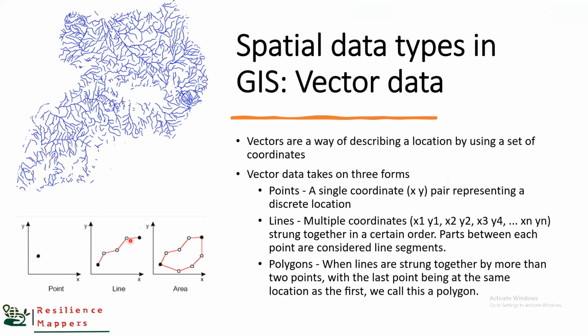Then lines: different features are represented differently. The best way to represent a school can't be in the form of a line. There are certain features, for example rivers and roads, that are best represented using lines. Then you have features like buildings.